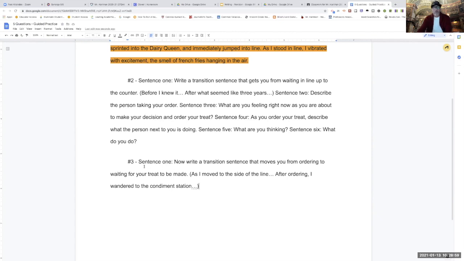This is where we're at right here. So we're starting that third body paragraph right now. And this will be our last sentence for today.